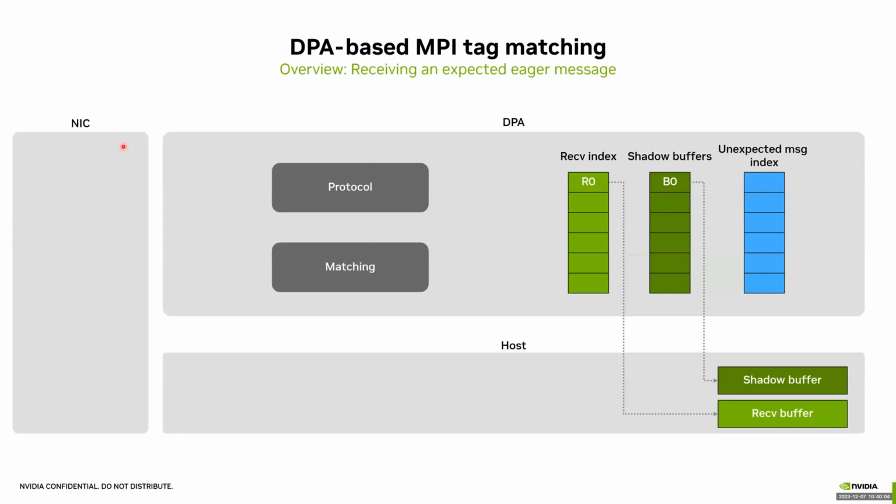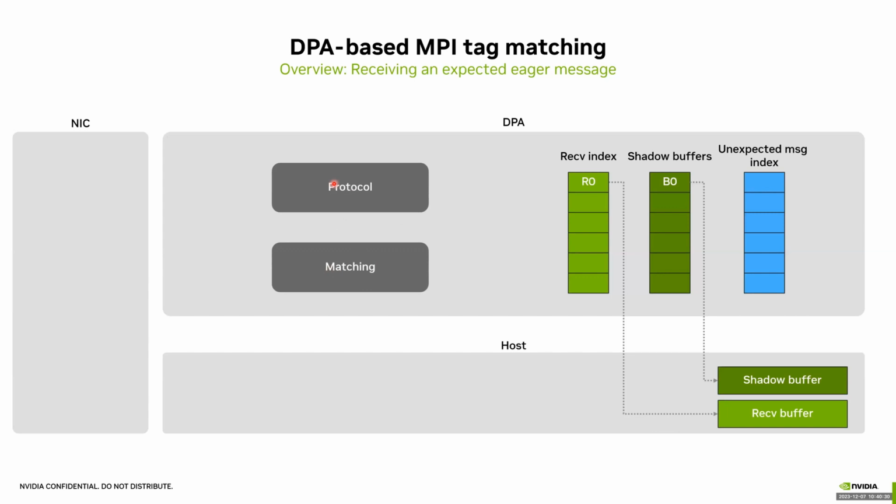So we have the NIC, DPA, and host. On the DPA, we want to execute 2 software components or stages, right? The matching itself. Given a message, we want to understand which receive this message matches to. And then once we have this information, we want to execute the protocol. This can be either eager or rendezvous, or just handling an unexpected message if we didn't find a receive, right?